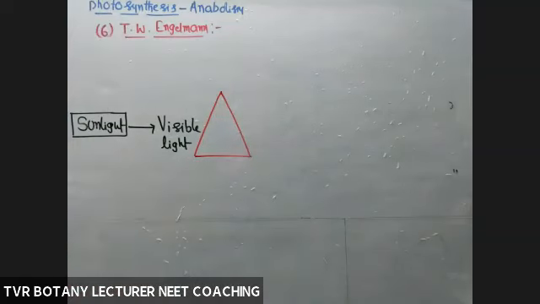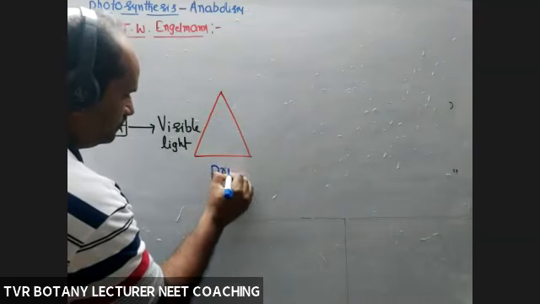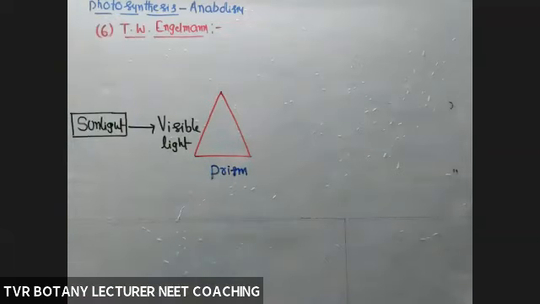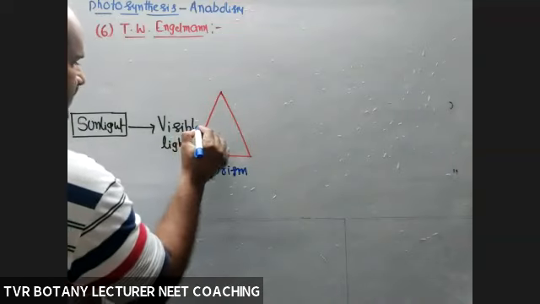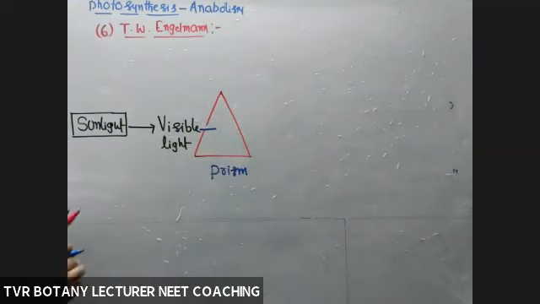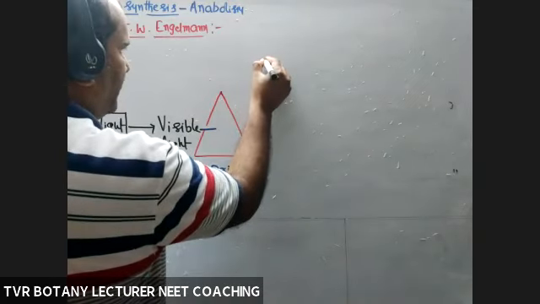Now visible light is passed to a prism. Prism experiment. That prism is well known. Once this visible light passes through the prism, it is divided into spectral components. What are they?